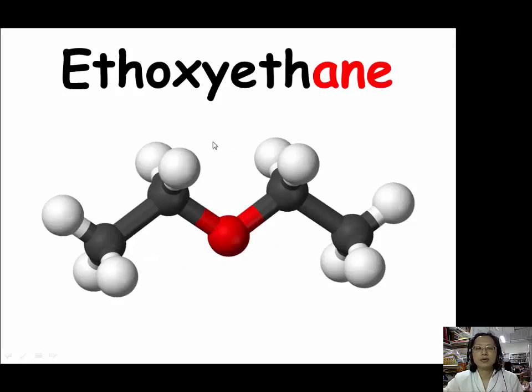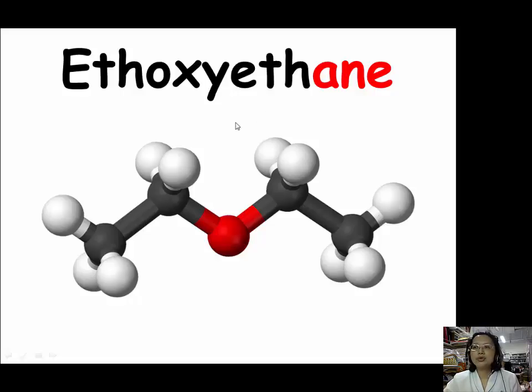Our example for ane for ether is ethoxyethane, which is commonly known as diethyl ether. Diethyl ether, or as we show here, its other name is ethoxyethane. It's a colorless, highly volatile, flammable liquid.